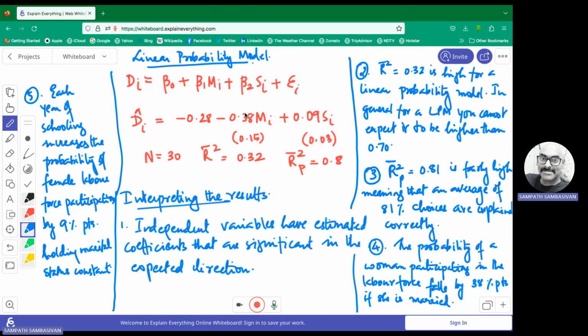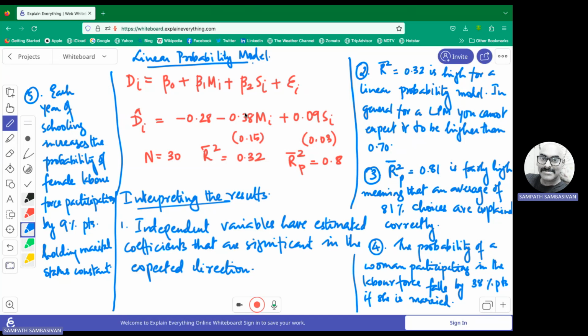See, linear probability model, there are three things. First, you should understand the definition and also a brief explanation of linear probability model, then the problems associated with linear probability model, and this interpretation part. These are the three things that you need to be aware of with linear probability model.